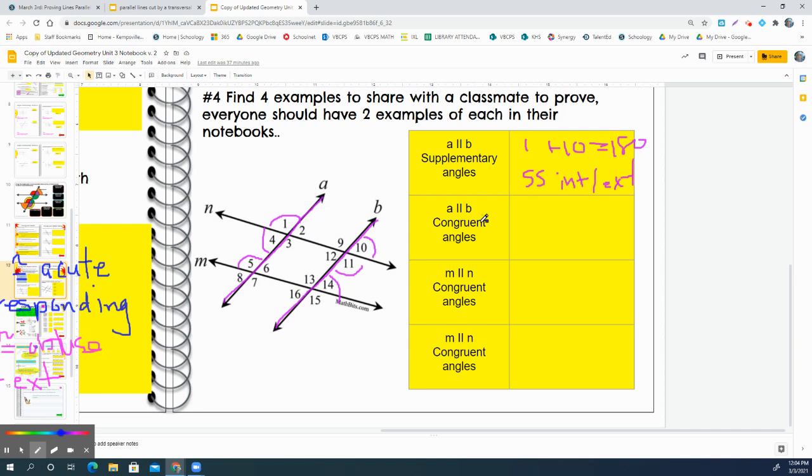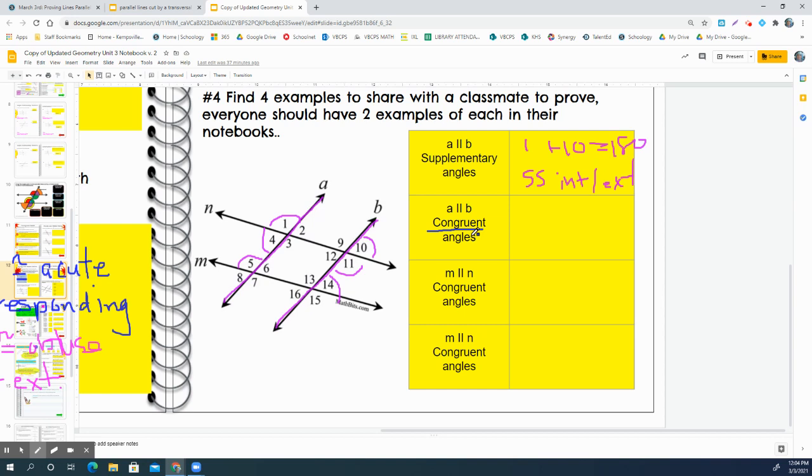Okay. I'm going to change my color pen because now we're looking for congruent angles. We're still trying to prove A and B are parallel, but this time we need congruent angles. So 2 acute angles, 2 obtuse angles that have some kind of maybe alternate or corresponding relationship. Take a second, maybe 10.